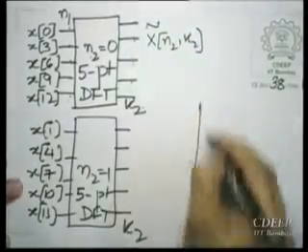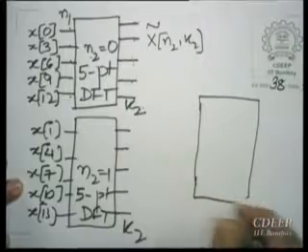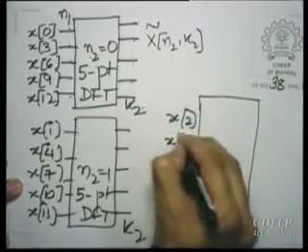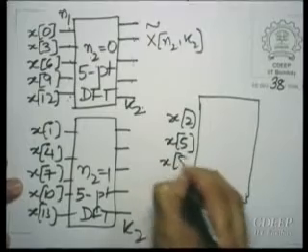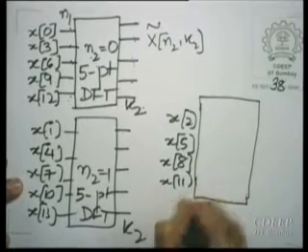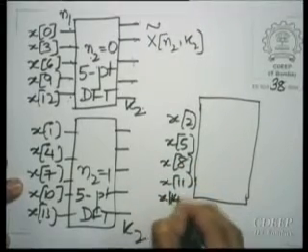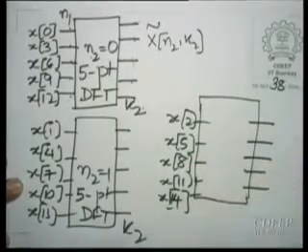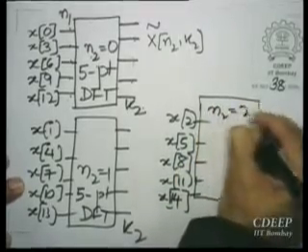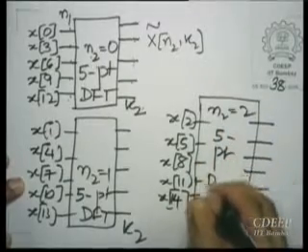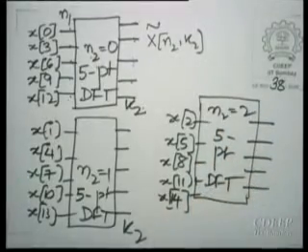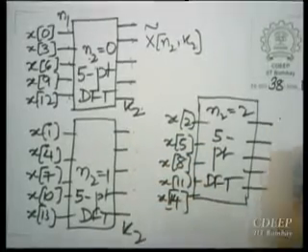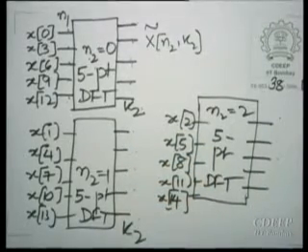Of course a similar thing can be done for the third group of 5. So X2, X5, 8, 11 and 14. That also gives you 5 outputs. This is N2 equal to 2 and you have a 5-point DFT. So it is very clear that each of these pins gives you a unique X tilde N2 K2.